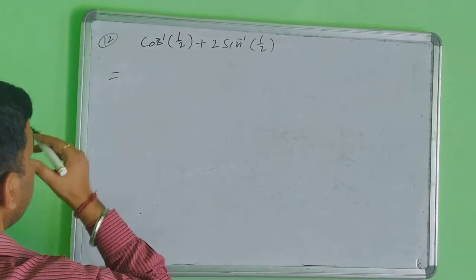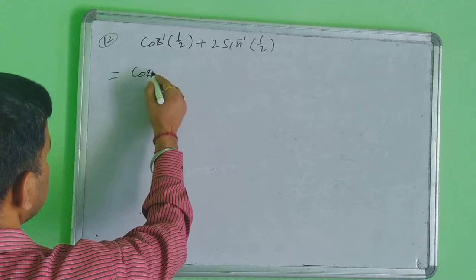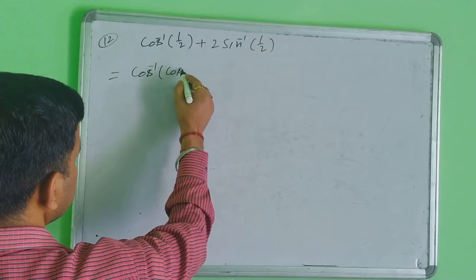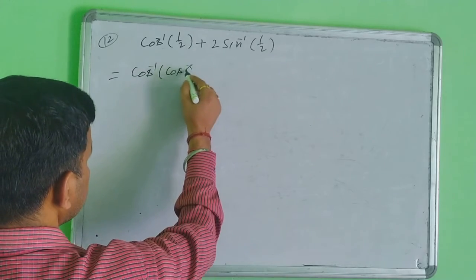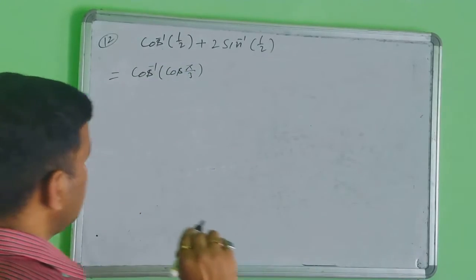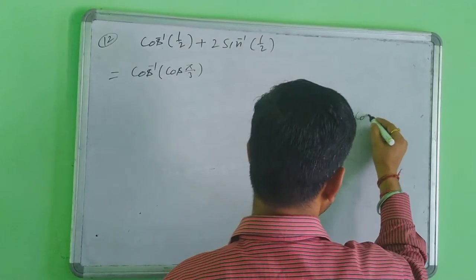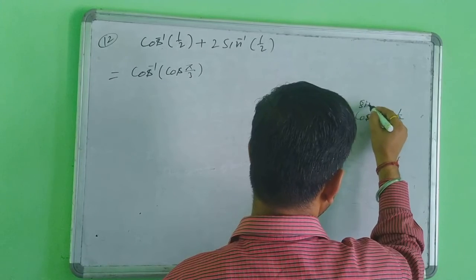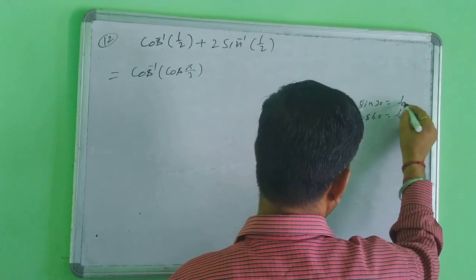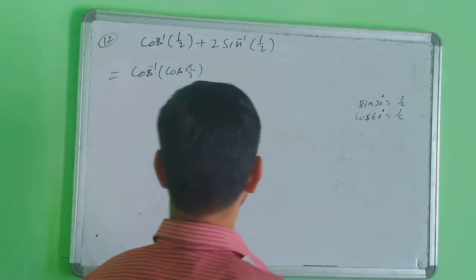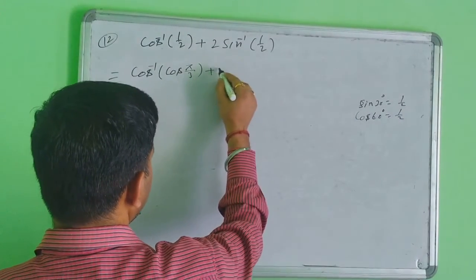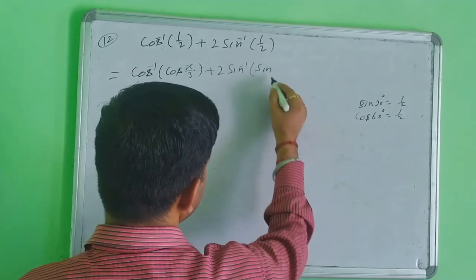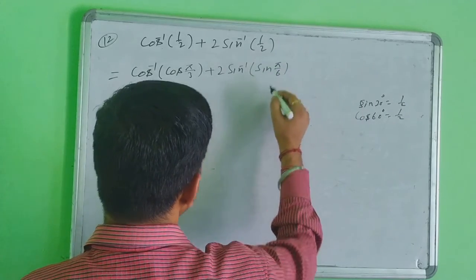First of all, you will put the value of cos inverse. Which value of cos is this? This belongs to cos pi by 3, cos 60. You know that cos 60 equals 1 by 2, and sin 30 equals 1 by 2. So cos 60 plus 2 sin inverse, this is sin 30. Sin 30 means pi by 6.